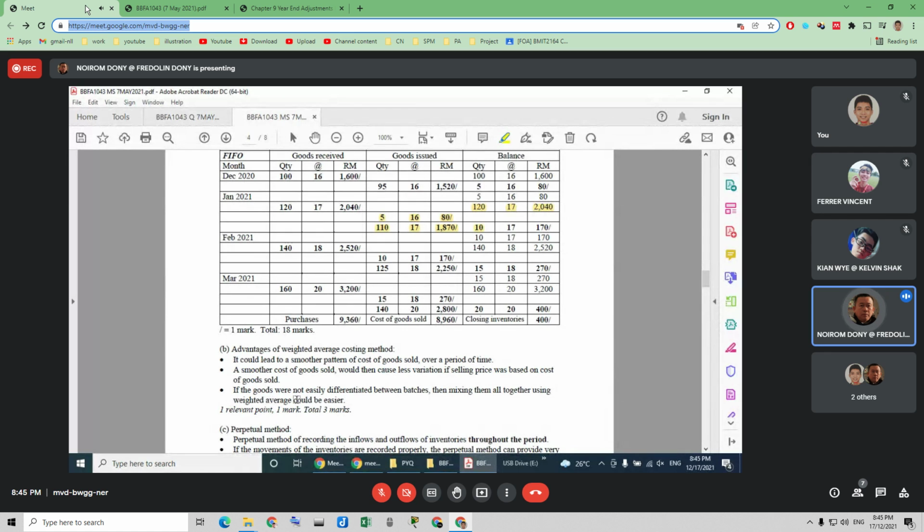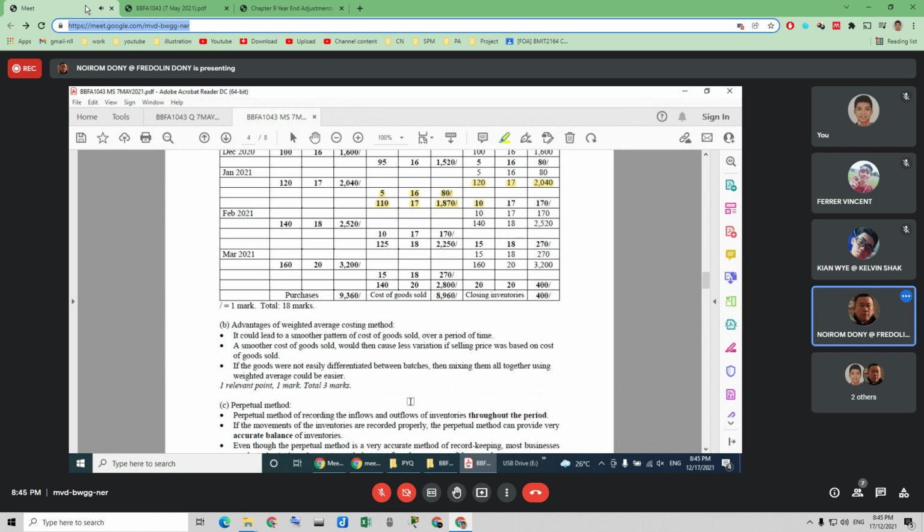And then if the goods were not easily differentiated between batches, then mixing them all together using weighted average could be easier. Because it's the same raw material, the same brand, but the only thing is the price is different because of inflation.